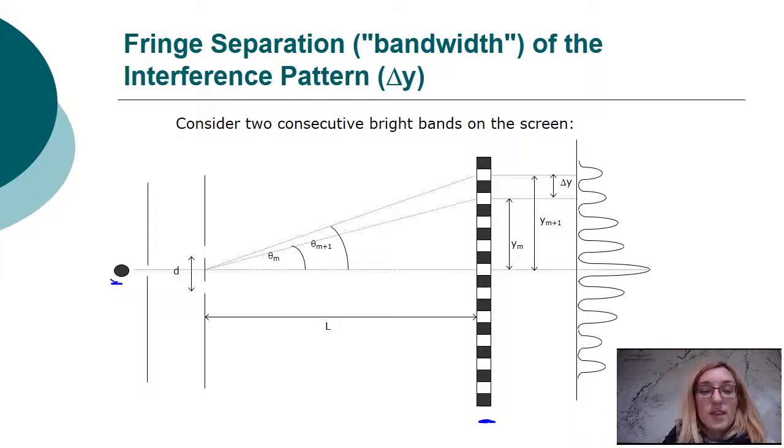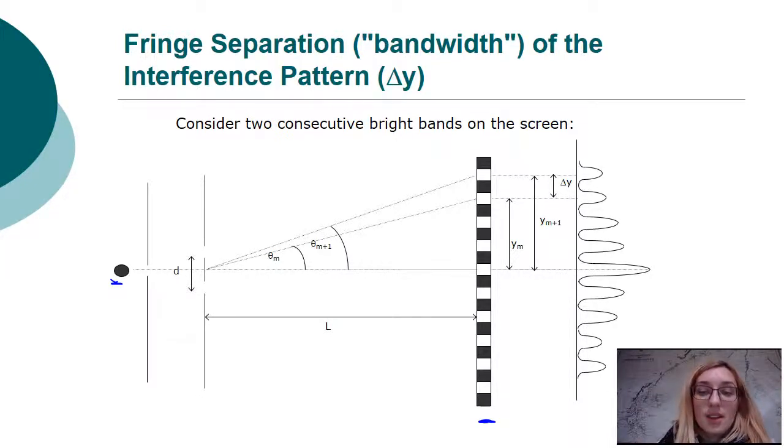The difference here is that we're not trying to find the viewing angle like in the previous derivation. We're looking at the patches on the screen, at two consecutive bright bands, which means they have to be next to each other. They don't have to be the first two closest to the middle. They can be any distance out, but they do need to be next to each other.